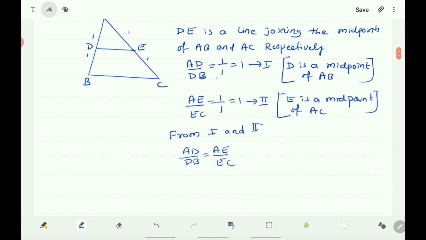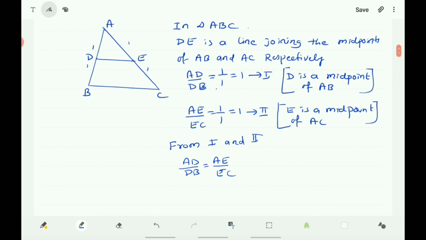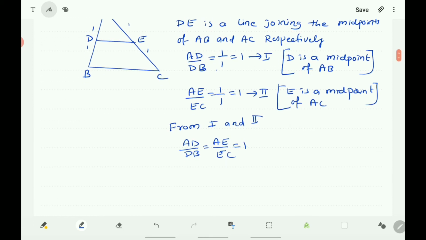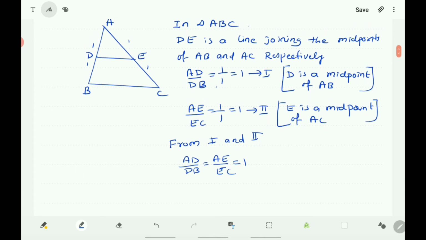So D and E divide AB and AC in the same ratio, both are equal to 1. Therefore, as DE divides AB and AC in the same ratio, you can write that DE is parallel to BC.